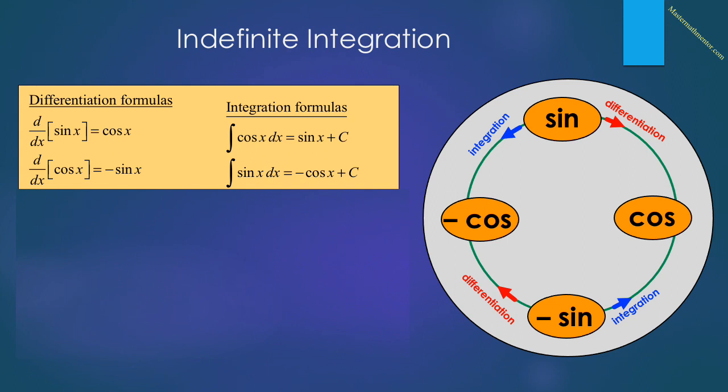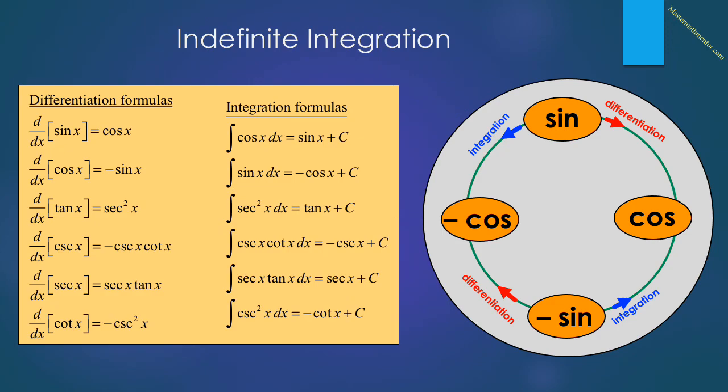The derivative of sine is cosine, the derivative of cosine is negative sine, the derivative of negative sine is negative cosine, and the derivative of negative cosine is back to sine. So if we follow the clock in a counterclockwise direction, those are the integration rules. So the integral of sine is negative cosine, the integral of negative cosine is negative sine, the integral of negative sine is cosine, and the integral of cosine is sine.